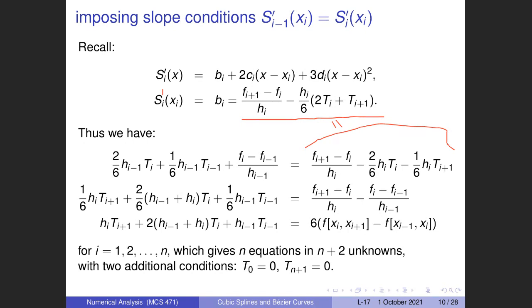So it's actually now an n-dimensional problem. What we have accomplished thus far is a significant reduction in the complexity of this problem. We have to solve a linear system, but it matters a lot if the dimension is 3n or if it is n. We have two additional unknowns, and we impose the condition that we have a natural spline.